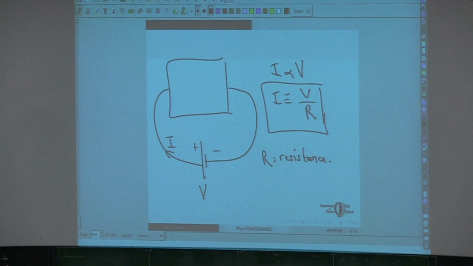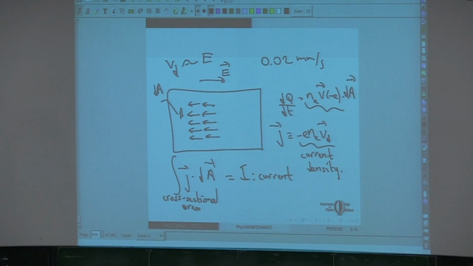So how is it related? How is this resistance related with the properties of the material we have, the size of the material we have? You see, here we had already defined the current density.